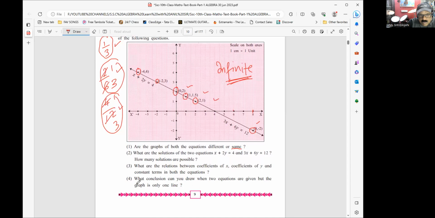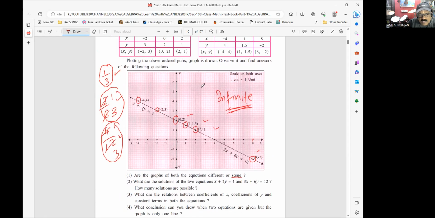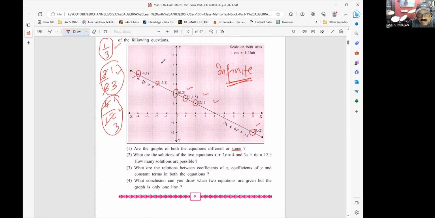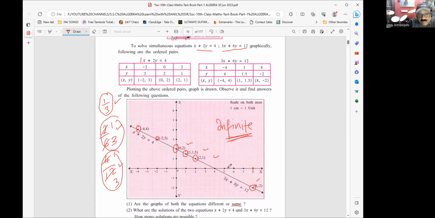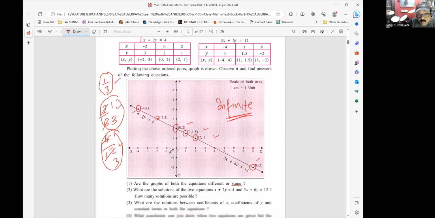Okay. What conclusion can you draw when two equations are given, but the graph is only one line? If two equations are given and the graph comes as only one line, it means that there are infinite solutions to those two equations, and you will get one single line. You will not get two different lines.